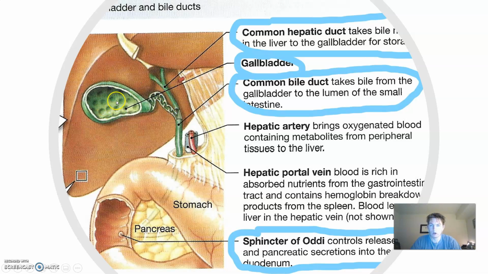When fat enters the duodenum, it triggers the contraction of the gallbladder, releasing bile through the common bile duct, through the sphincter of Oddi, and onto the fats so they can be absorbed.